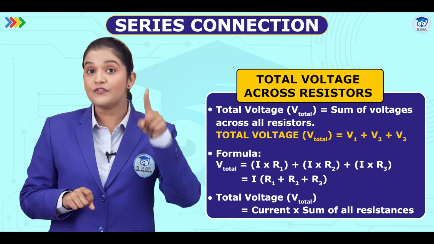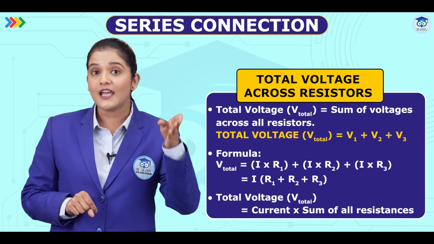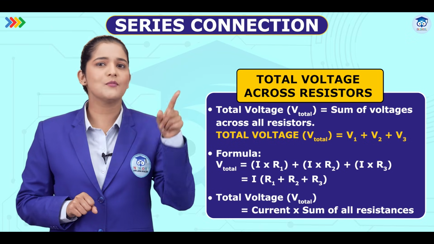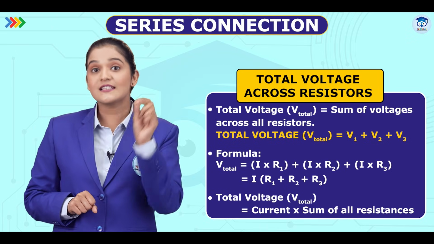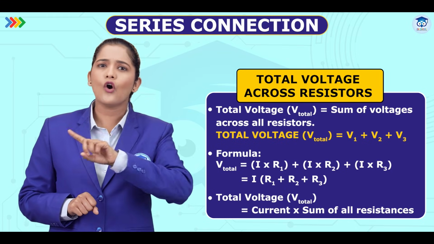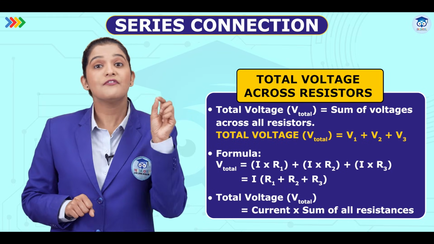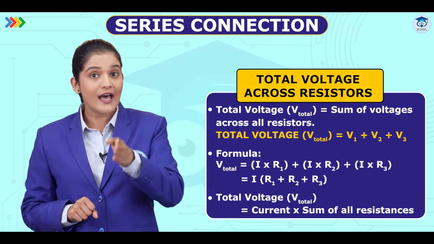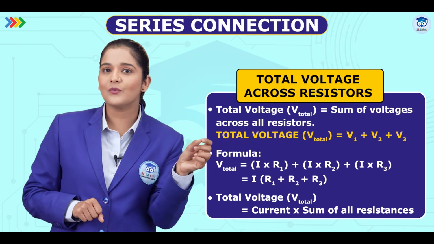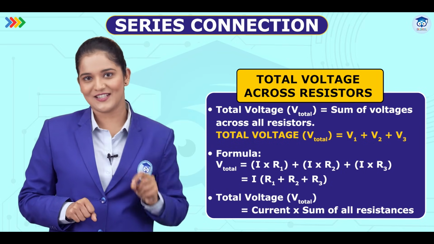We get V total equals I times R1 plus I times R2 plus I times R3. Since the current I is the same in all three resistors, we can factor it out, giving us V total equals I times the sum of R1, R2 and R3.